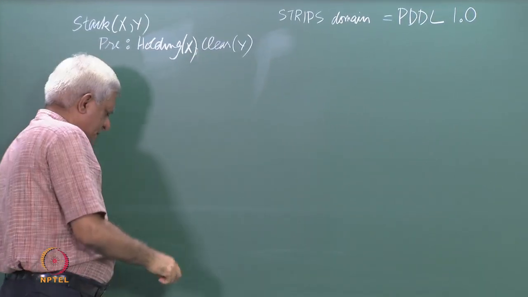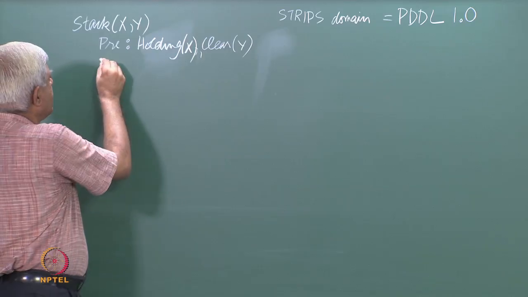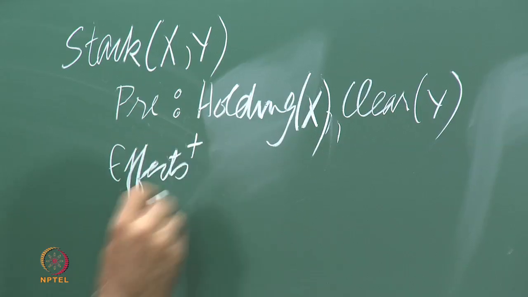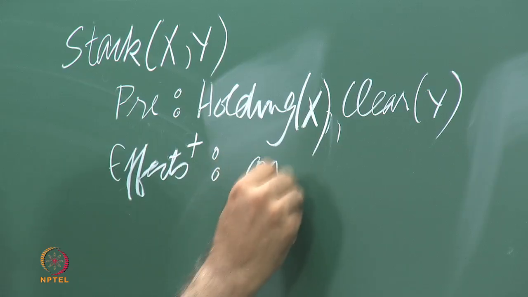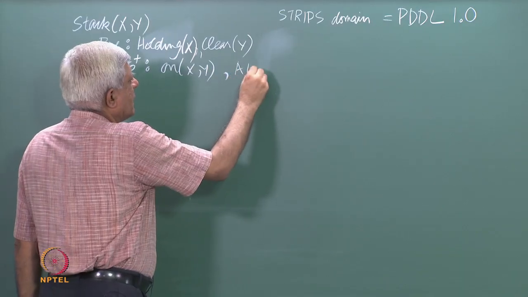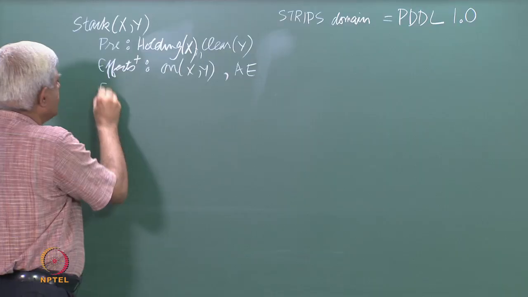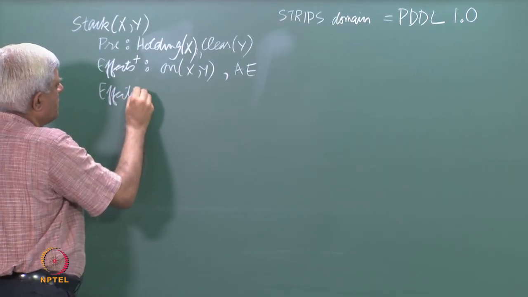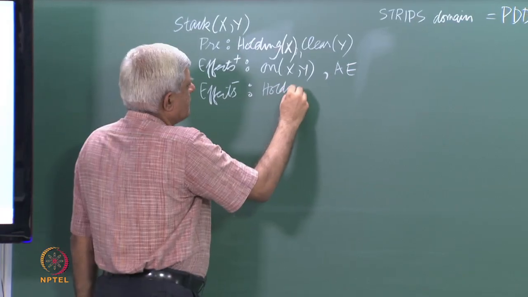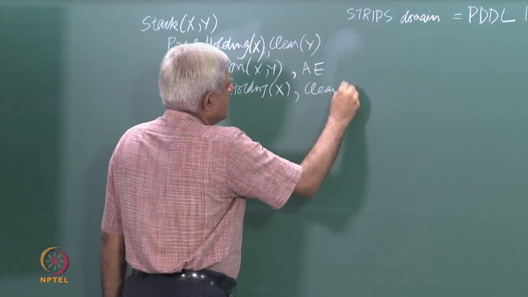If you are holding x and y is clear, then you can stack x on y, and the positive effects are on x y and arm empty, and the negative effects are holding x and clear y.